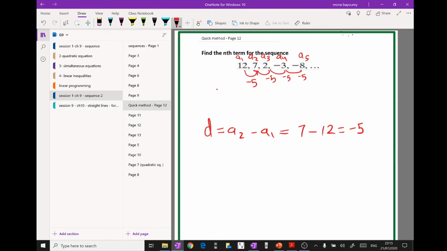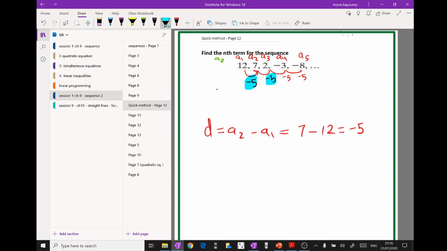Now we have to know that we have a zero term. What is the zero term? Zero term, we can put it before 12. Here, zero term, A0. How can we find A0? To find the zero term, you have to inverse the operation for the common difference. In the common difference, we subtract 5 each time. 12 minus 5 is 7. 7 minus 5 is 2. 2 minus 5 is negative 3.